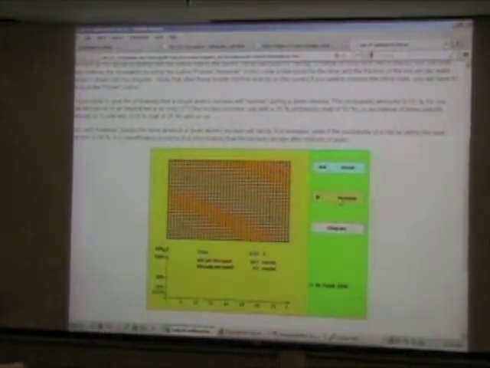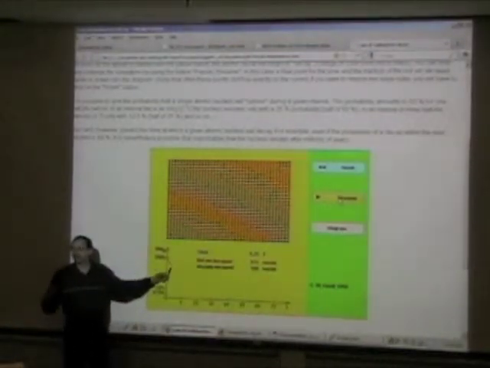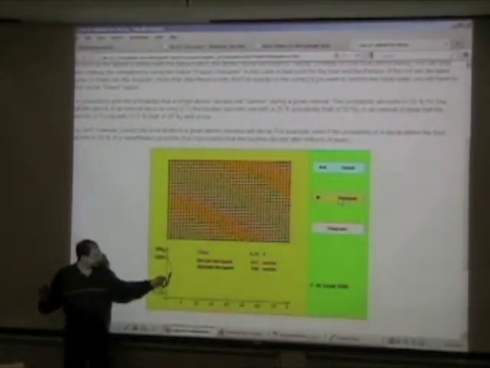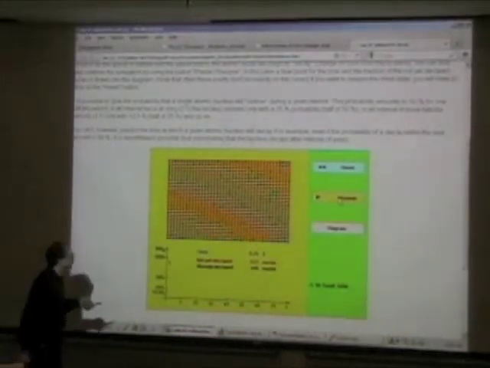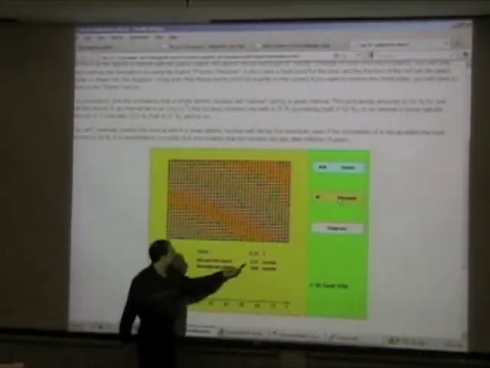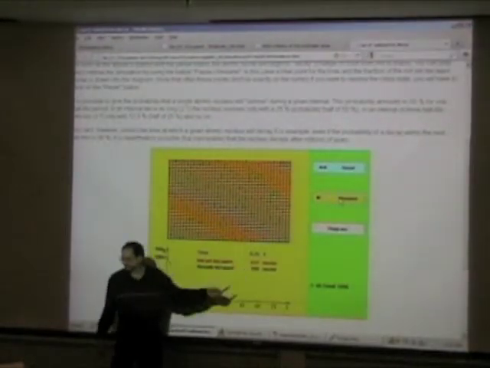And if you wait long enough, here on the graph you can see the amount of elements left undecayed at this time. Here you can see how many are left undecayed and how many had decayed.